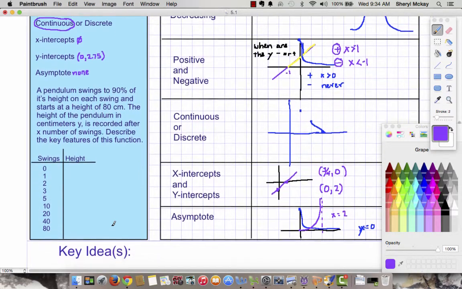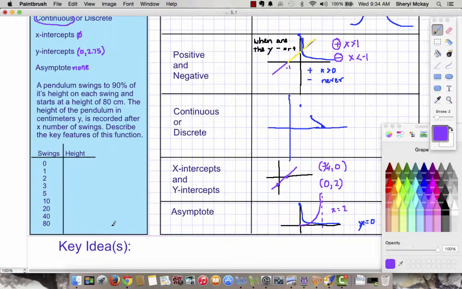Here, this one says a pendulum swings to 90% of its height on each swing and starts at a height of 80 centimeters. So if you think about a pendulum, it looks like this, right?